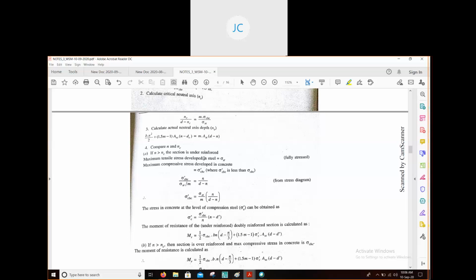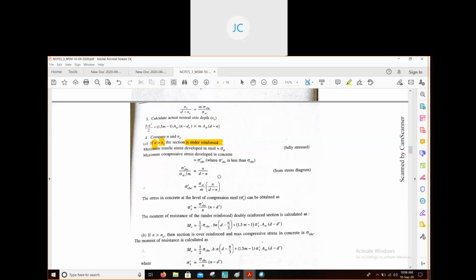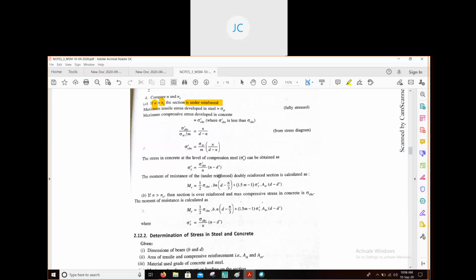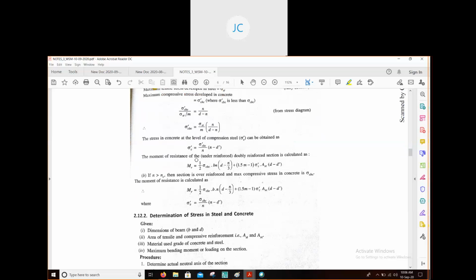If the depth of actual neutral axis N is more than NC, the critical neutral axis, then the section will be under reinforced like the previous problems. In that case our moment of resistance formula will be this one.